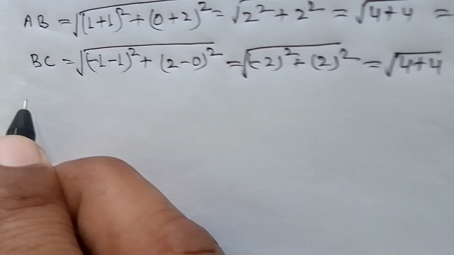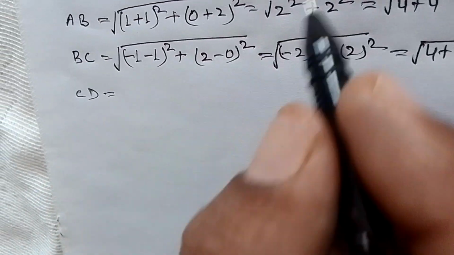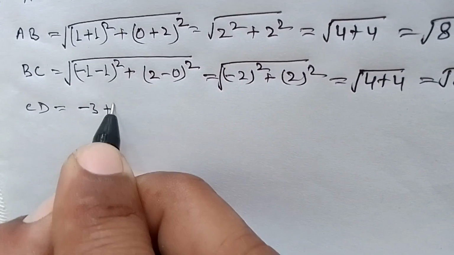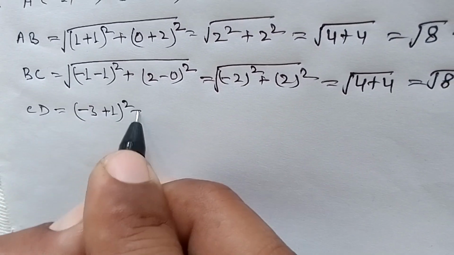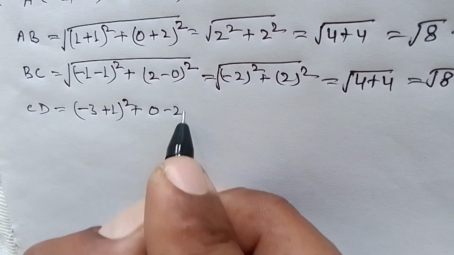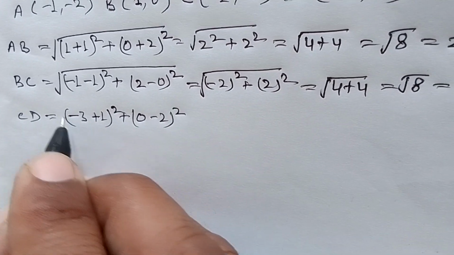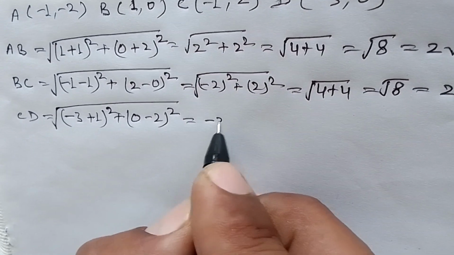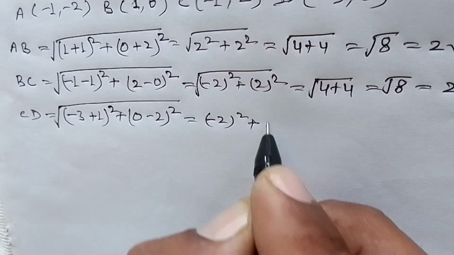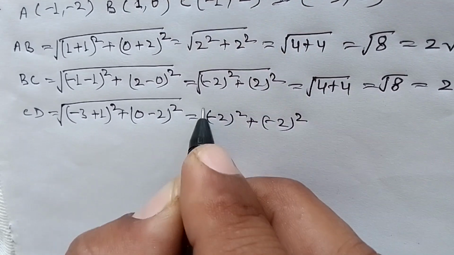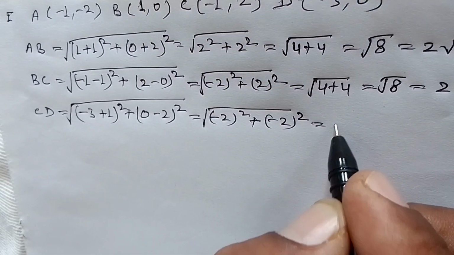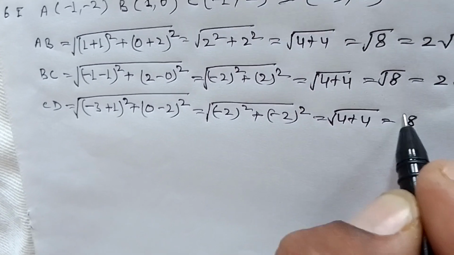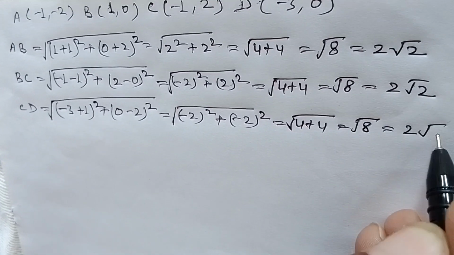Now CD, the distance between points C and D: (minus 3 plus 1) square plus (0 minus 2) square. So it will come out to be minus 2 square plus minus 2 square, which again comes out to be root of 4 plus 4, that is root 8, equal to 2 root 2 units.